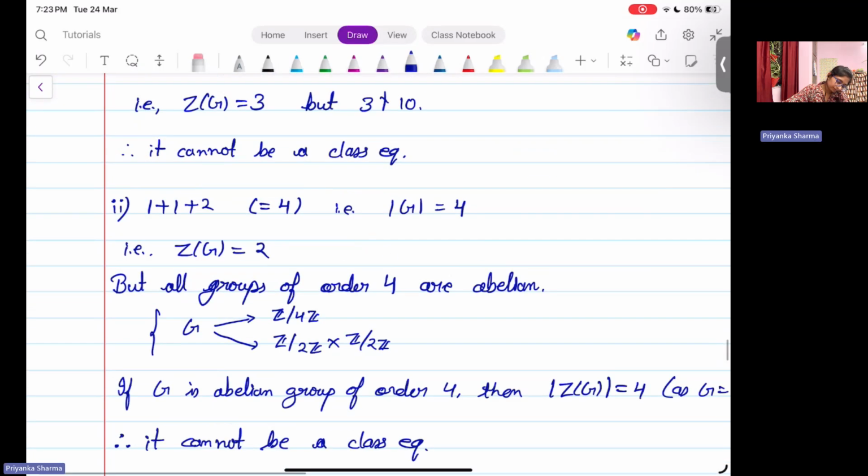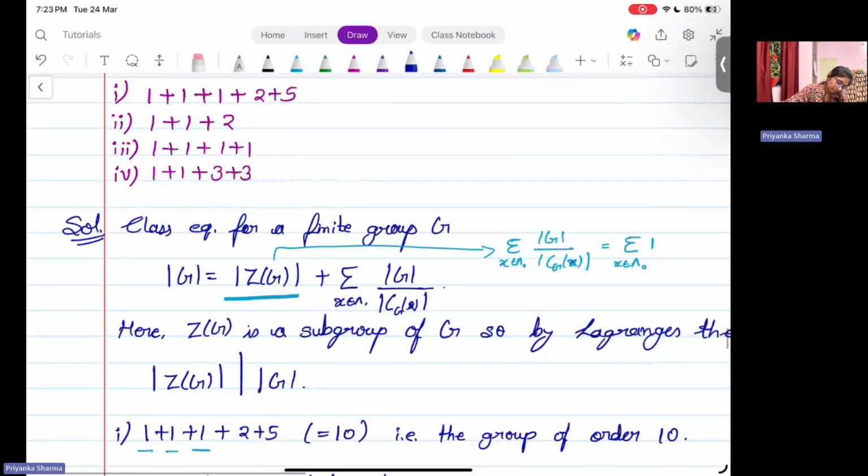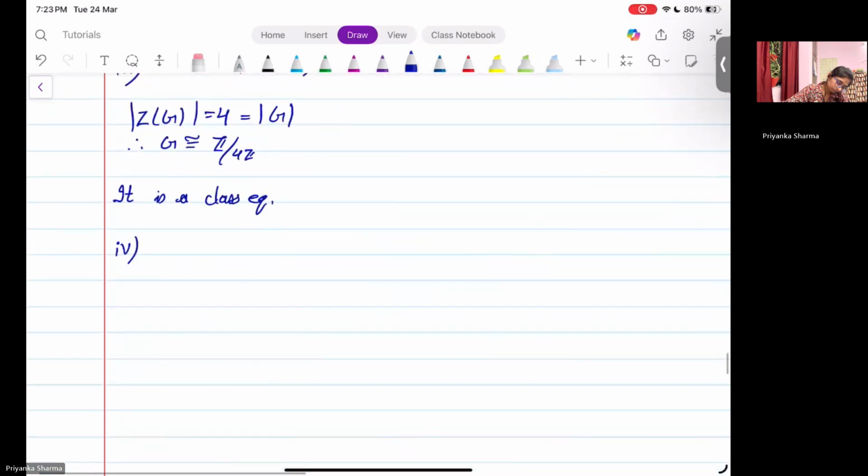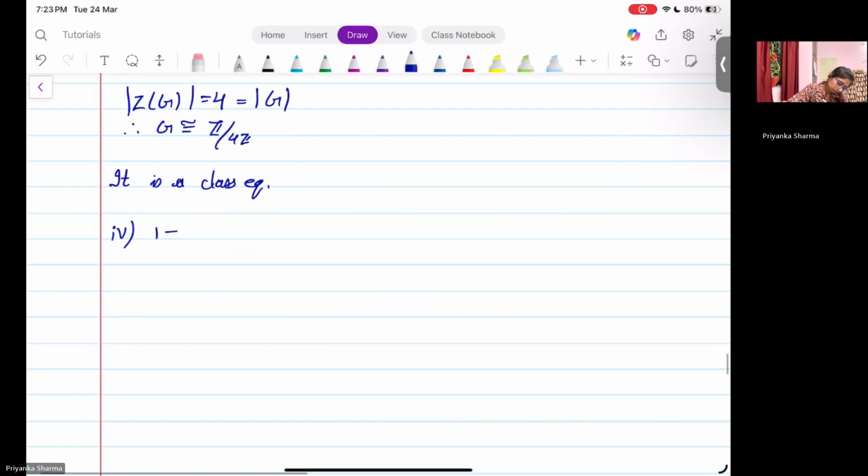Fourth example, 1 plus 1 plus 3 plus 3. This is 8.